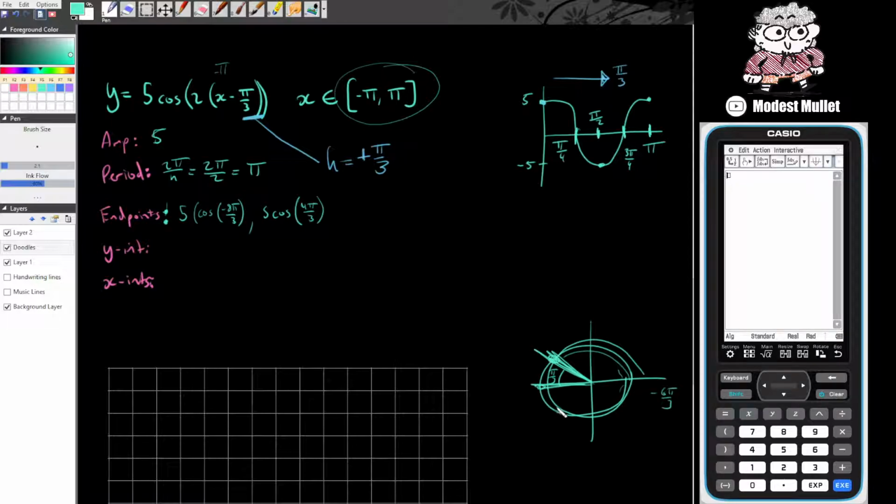That is going to be 5 by half, isn't it?